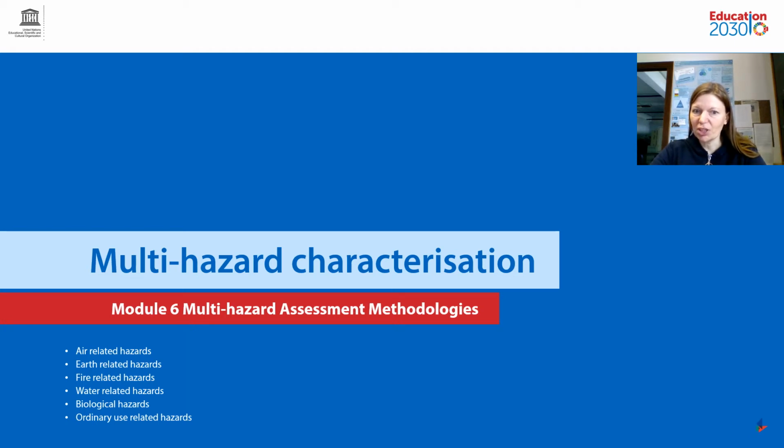In the next presentations, I want to present you in more depth the VISUS multi-hazard characterization. We have already seen in the previous modules that the VISUS methodology tries to replicate the expert assessment process, dividing it in three main steps.